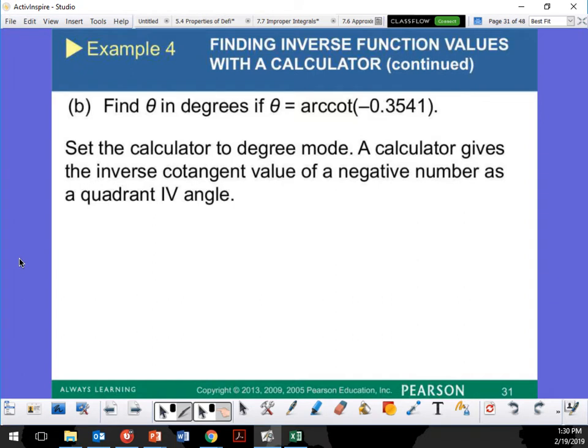All right, example 4. Find the inverse function's value with the calculator. Now, y'all got a calculator here, right? On this one right here, it says set calculator to degree mode. It even says what to do.